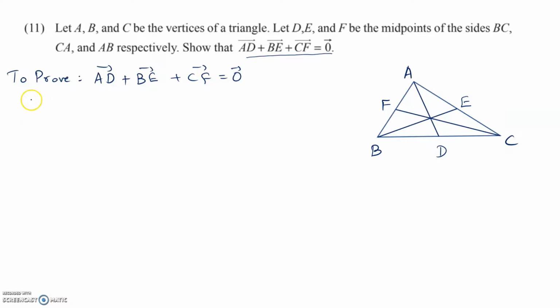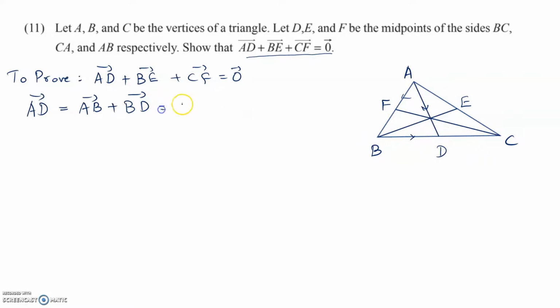Okay, let's define vector AD first. We can define our vector AD as vector AB plus vector BD. Okay, so vector AD can be defined as vector AB plus vector BD. And we know that vector BD is half of vector BC because D is the midpoint.